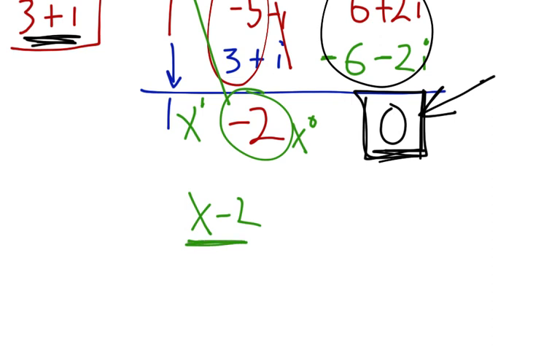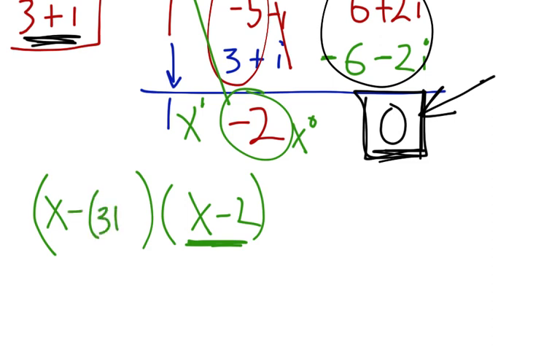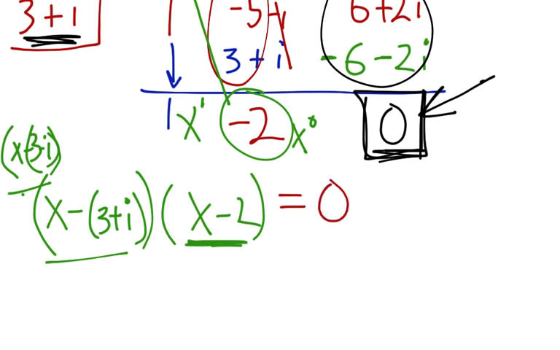Now, since that's a factor, what that means is I have other factors, two others actually. Well, they might be confusing, but I have x minus 3 plus i, and then I actually have another factor of x minus 3 minus i. But again, don't be worried about that part. What we do want to worry about is the fact that I need to set each of these equal to zero to get my roots.